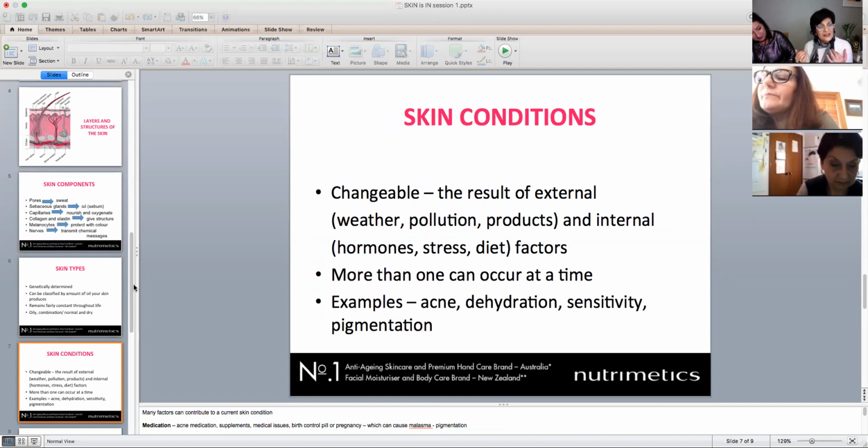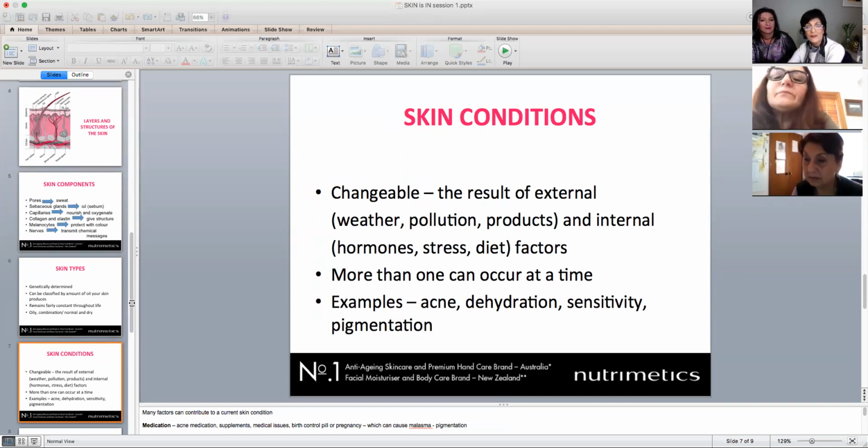So as far as the skin conditions, we've got all of those things. The word stress there is collected with all the other words, but stress plays a very big part in the condition of the skin.